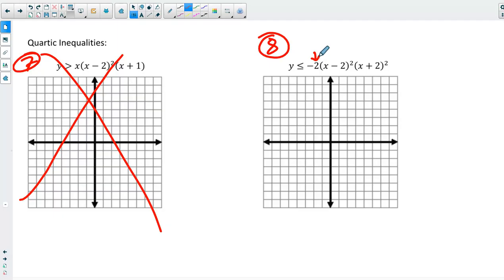That is true. I did not say you were wrong. Max, what 0 do I get? 2, 0. So we got negative 2, 0, and we got 2, 0. Lane, what 0 do I get? 0, 0, 0.